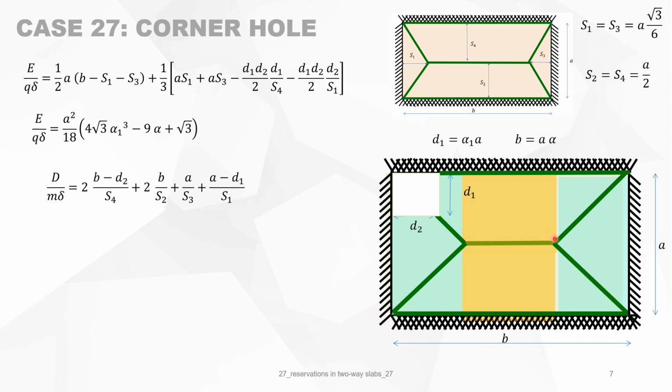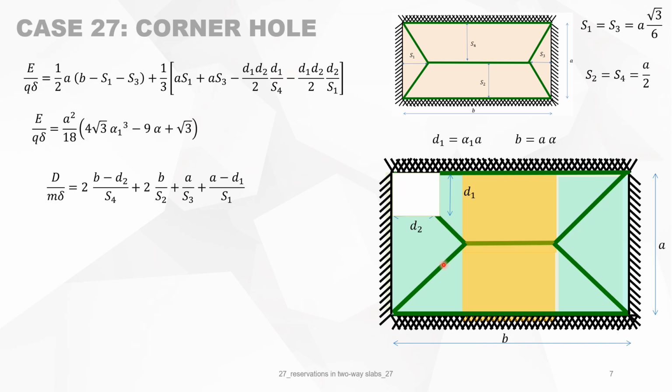At the bottom, we got b projected on this axis. So we got m times b divided by 2. And for this negative yield line, it's also b divided by s2. On the other side, we have a divided by s3.